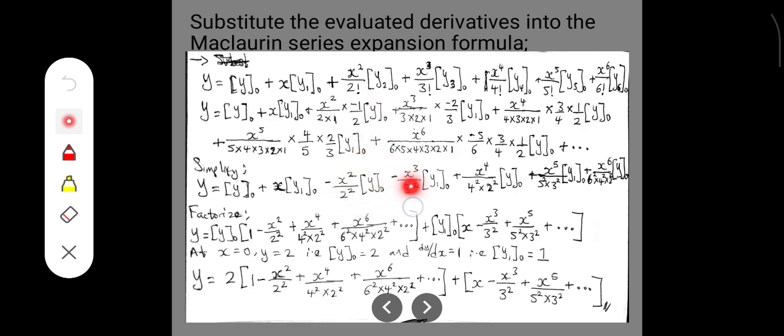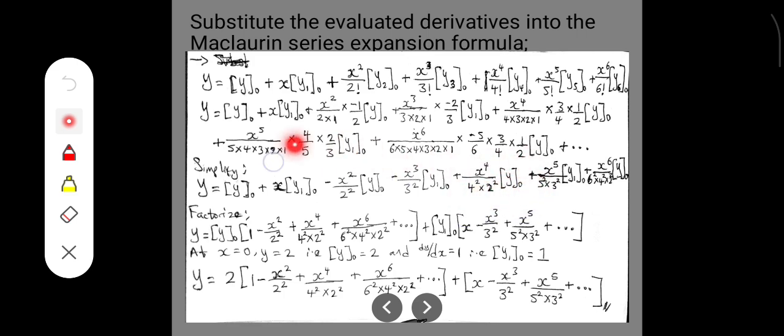Then for the next term, negative multiplied by positive at the numerator, we have negative s power 3. Then in the denominator, 2 cancels out 2, so we are left with 3 multiplied by 3, which is also 3 raised to power 2, multiplied by y subscript 1 of 0. Plus this one, 3 cancels out in the denominator, so we have 4 and 2 repeated twice, which is the same thing as writing s power 4 over 4 square multiplied by 2 square multiplied by y of 0.